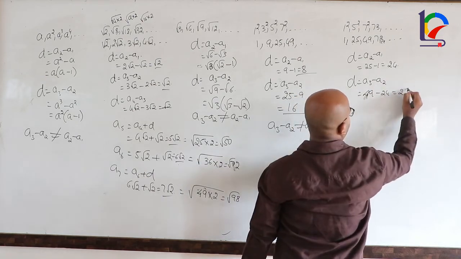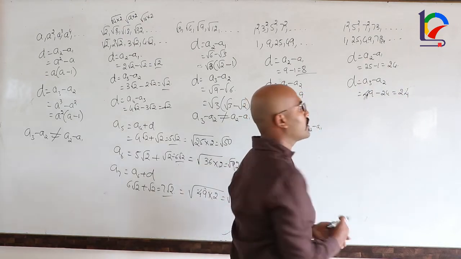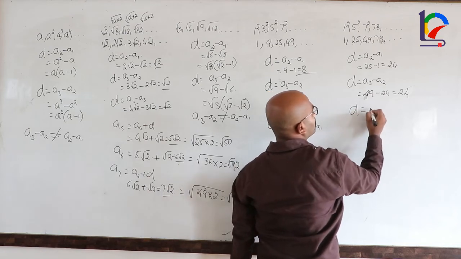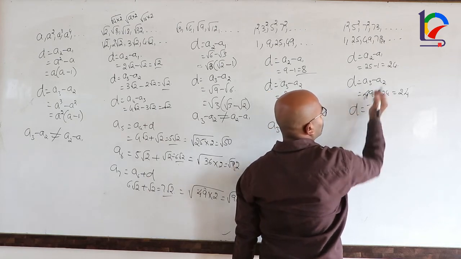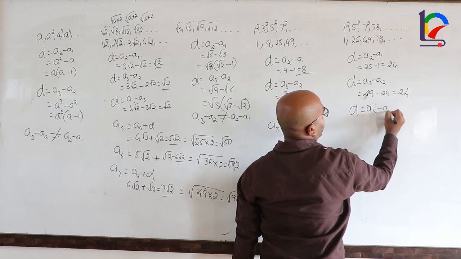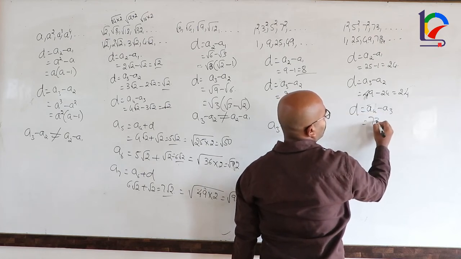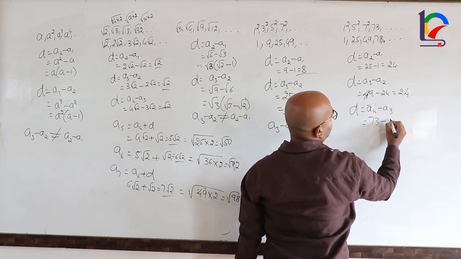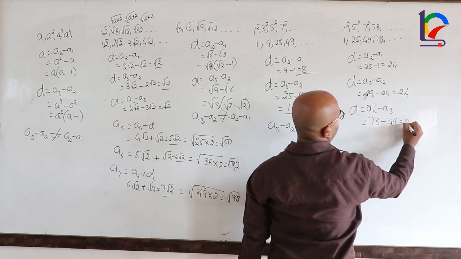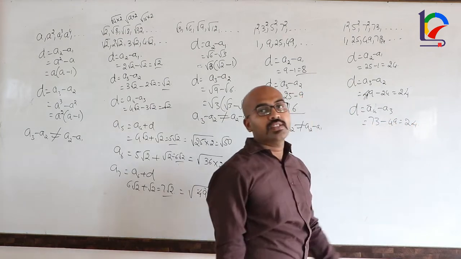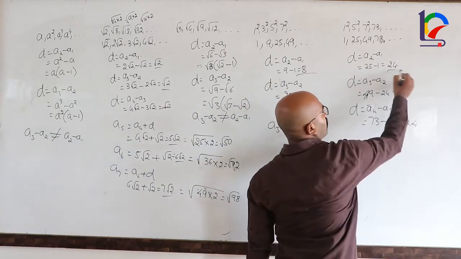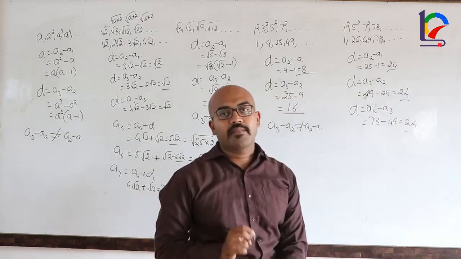Again it is 24. So next common difference, it is a4 minus a3. What is a4? 73. What is a3? 49. It is 24. If we see in all the three cases, the common differences are the same.